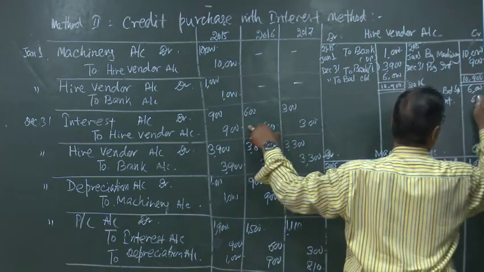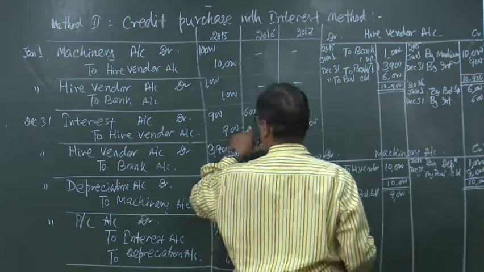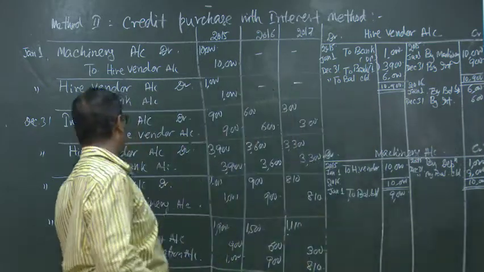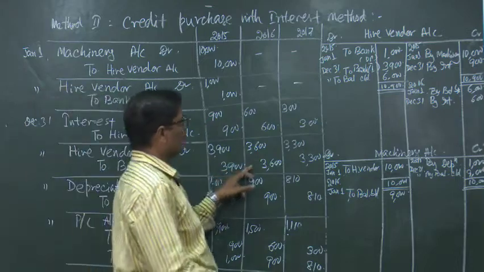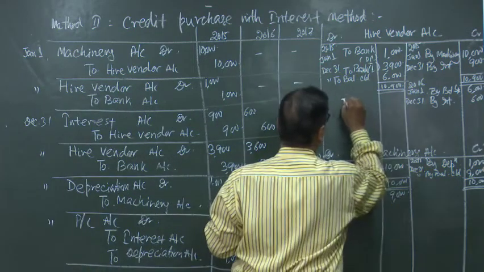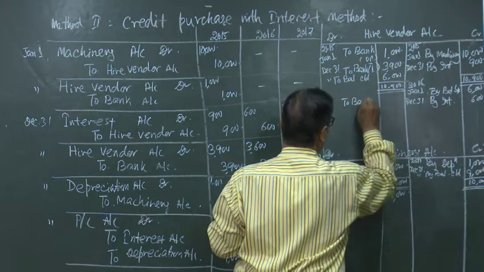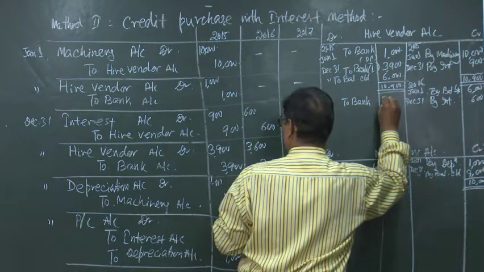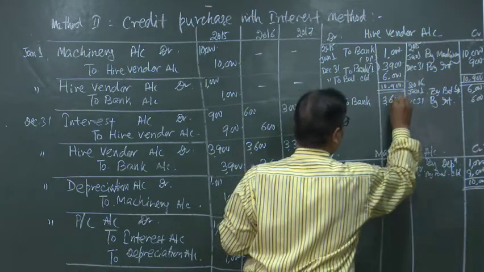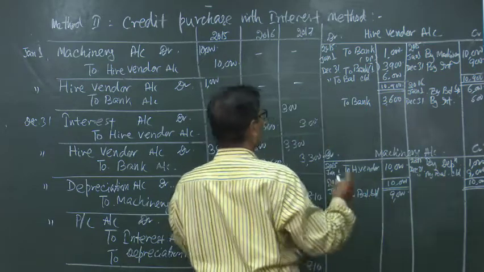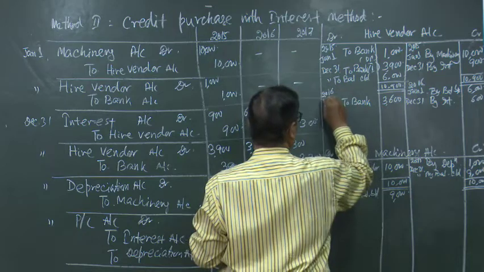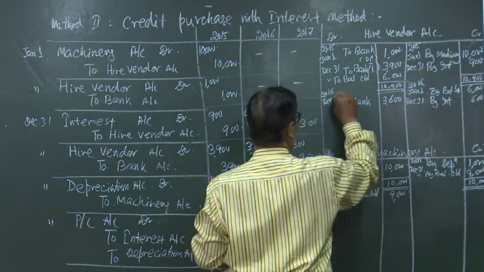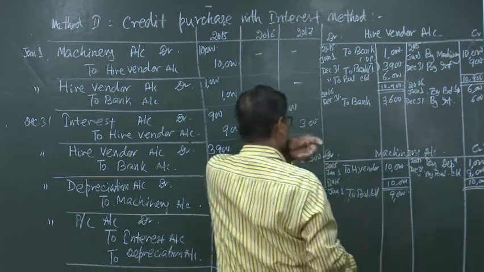In the second year the interest is 600. And then we will come to hire vendor account debited to bank account 3600. That is on December 31st. So, let us write 2016 December 31st. This will be the entry.